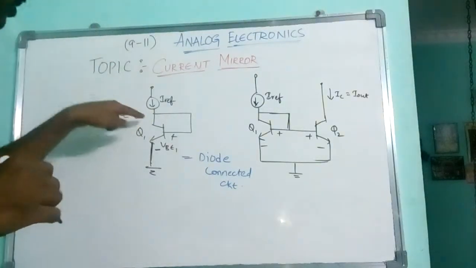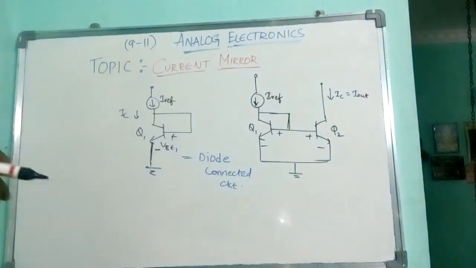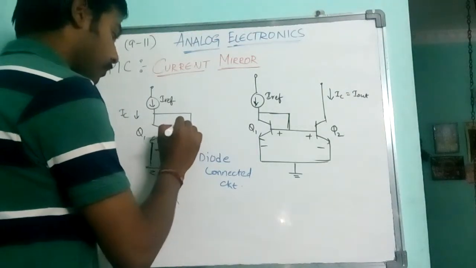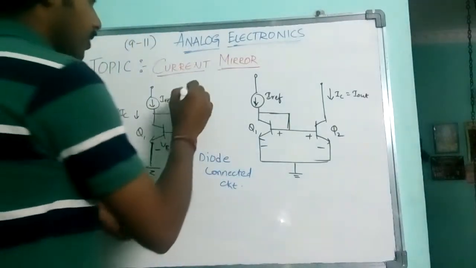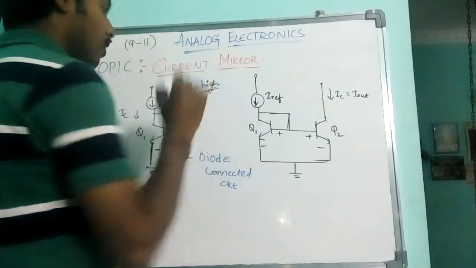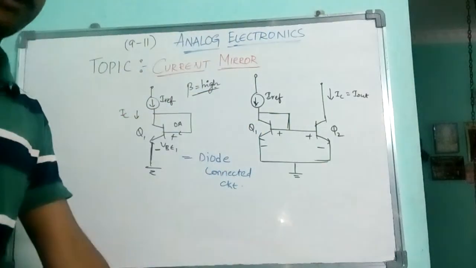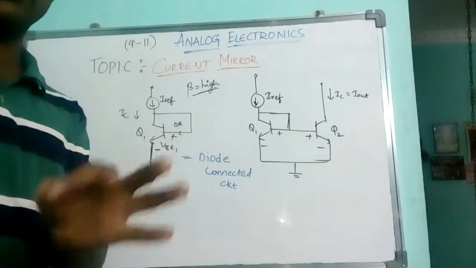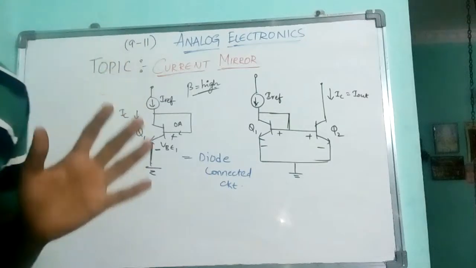What is the current through this? This is IC. What will be the current through this thing? That is simple, I'll say it is 0 amp. For these kinds of problems, beta is high. The fundamental concept we need to know before applying the current mirror is that all the transistors we are using will be in the active region only.